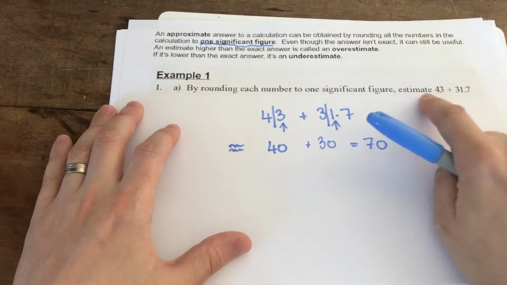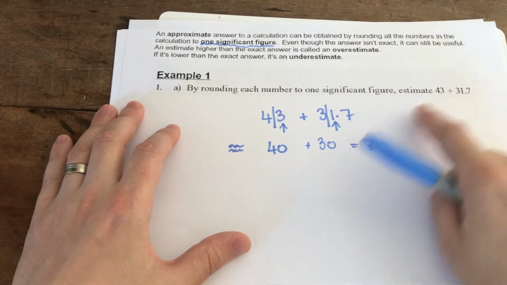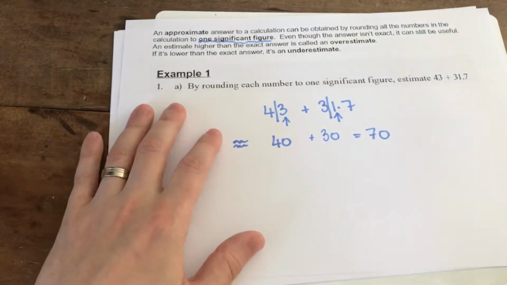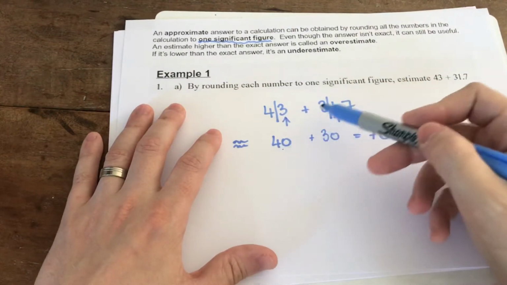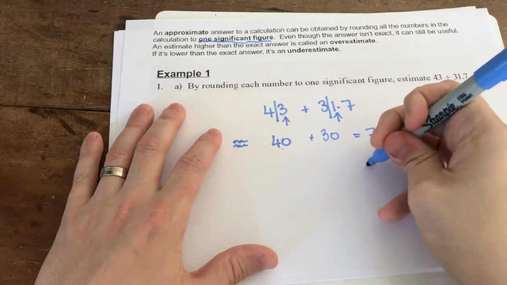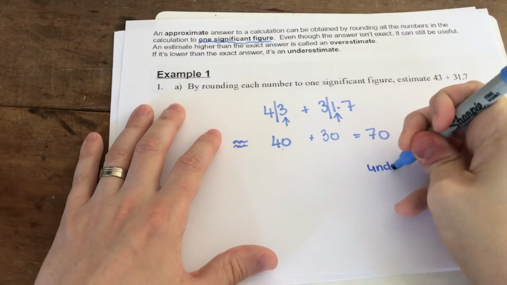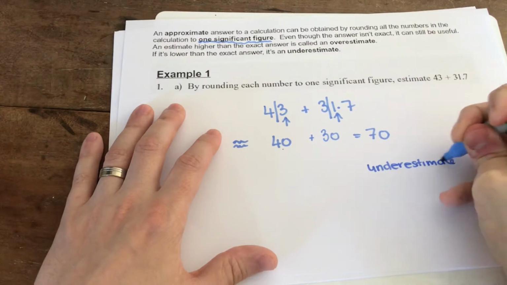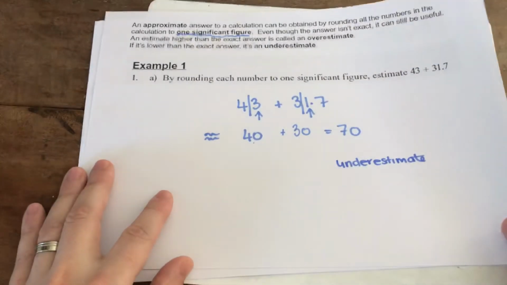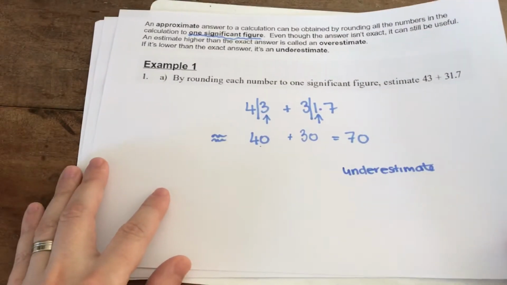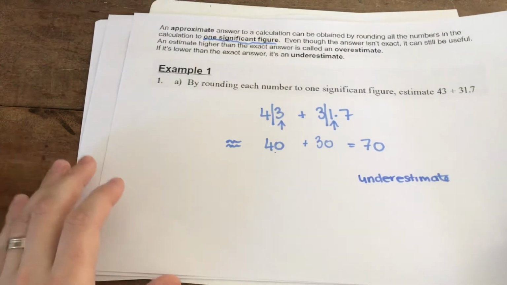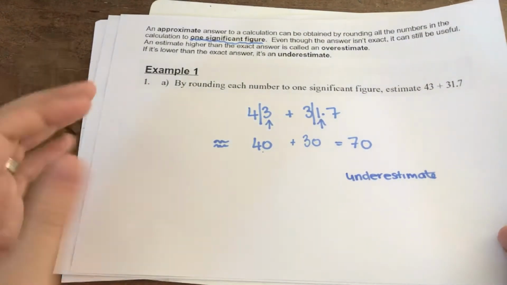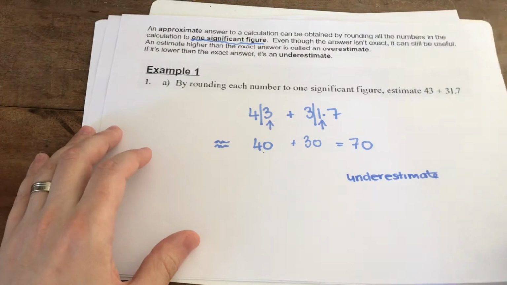If you were to work it out, you'd find that the answer was bigger than this. So therefore, because both of these have been rounded down, we say that this is an underestimate. And this is important to be able to identify, as it comes up several times as you go through your time at school. You'll be asked to evaluate and comment on questions like that.